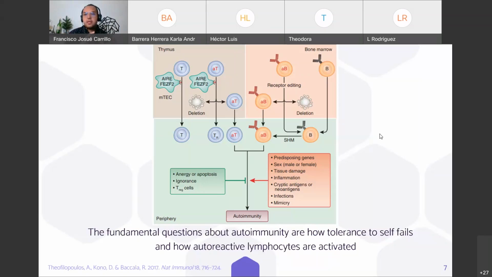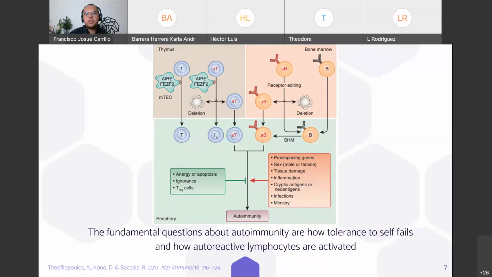Some of the hypotheses that are well studied are the genetic mutations, especially in some of the genes that are involved in the mechanisms of central tolerance. For example, we have the expression of polymorphisms in the AIRE gene.